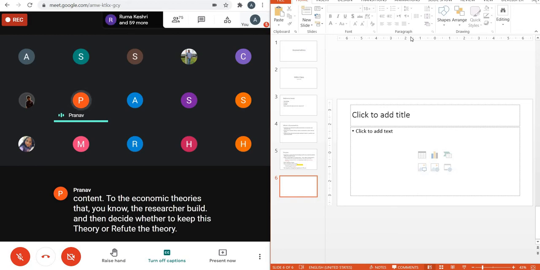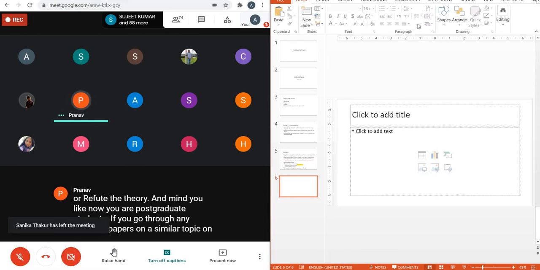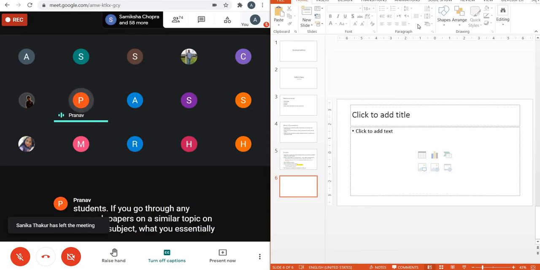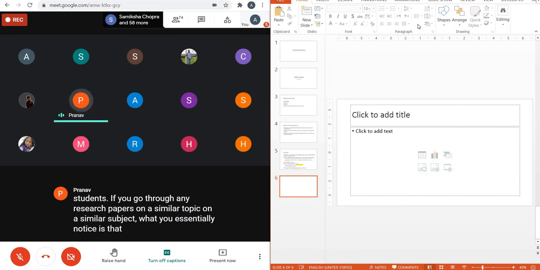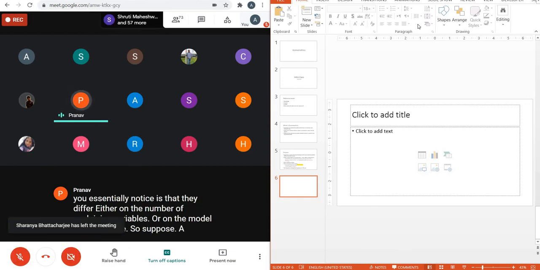And mind you, now that you are postgraduate students, if you go through any research papers on a similar topic, on a similar subject, what you essentially notice is that they differ either on the number of explanatory variables or on the model that they have. So suppose there is a research question which two researchers are independently trying to find out.